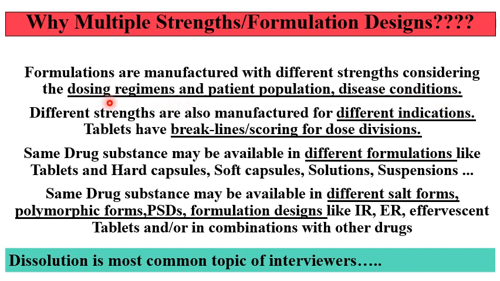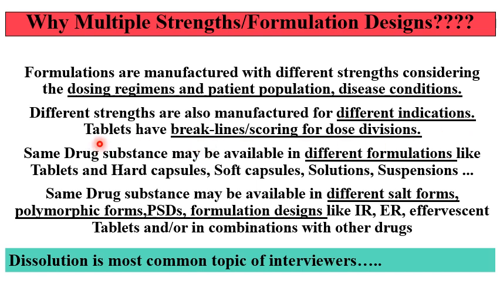So different populations of patients and different disease conditions require different dosing regimens. So different strengths are to be made. Then different strengths are also manufactured for different indications, like different patient population and disease conditions. There are different indications for individual strengths also.